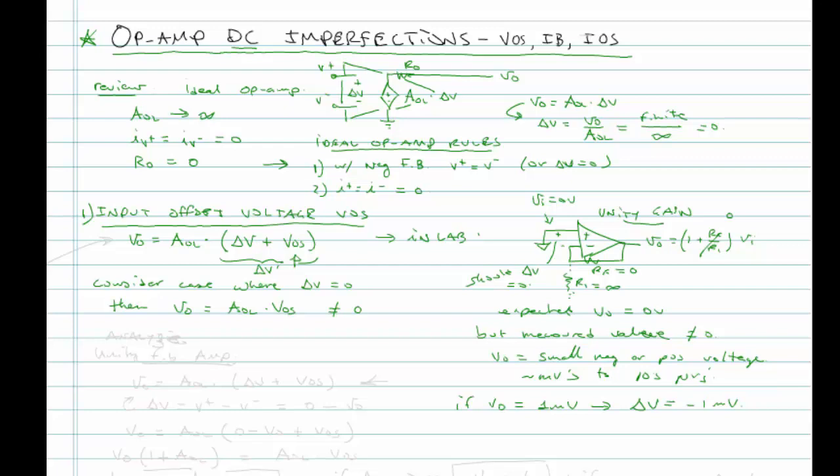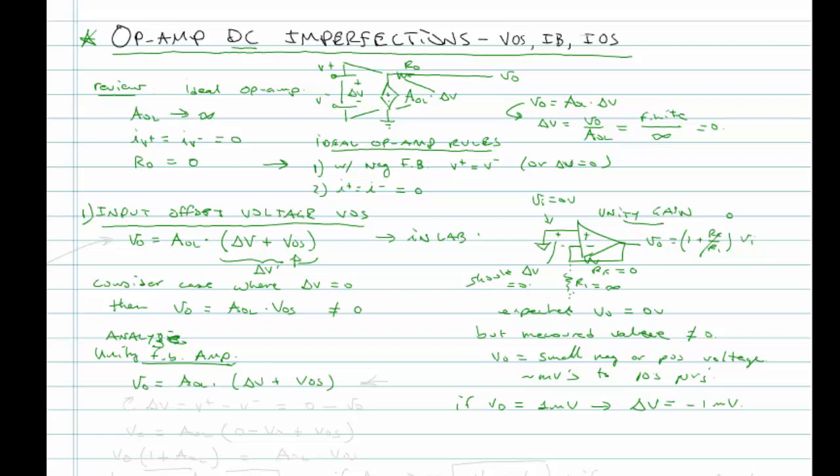So let's go and analyze the unity feedback amp. Okay, let's analyze it using this model. Okay, so what I have is I would say V out is equal to AOL times delta V. We'll start with that.